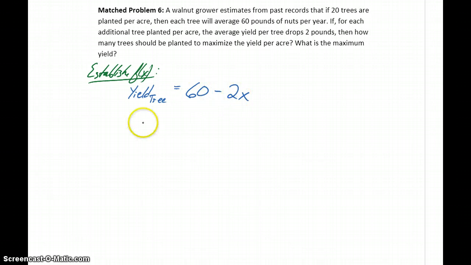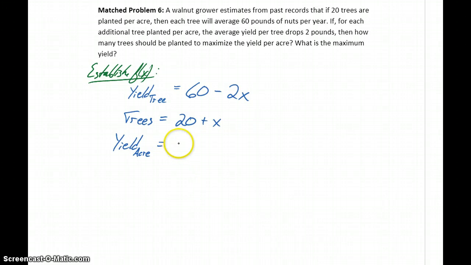So we can also look at the number of trees. We know that there's going to be this minimum of 20 trees, and then we're considering adding some number of trees to that. So then we can come up with an expression for the average yield per acre. We can express that as the yield per individual tree, so 60 minus 2x, times the number of trees.